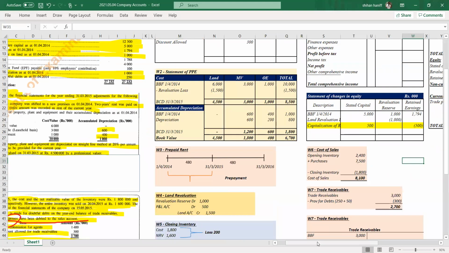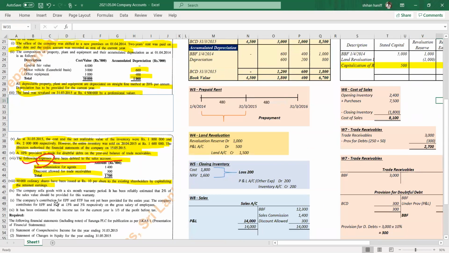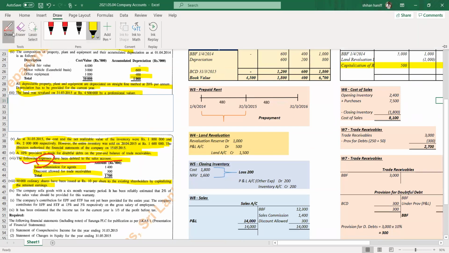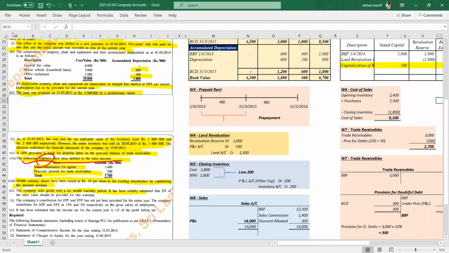Next, a few more transactions. The company sells goods with a 6-month warranty period. It has been reliably estimated that 2% of the sales value should be provided for this warranty.